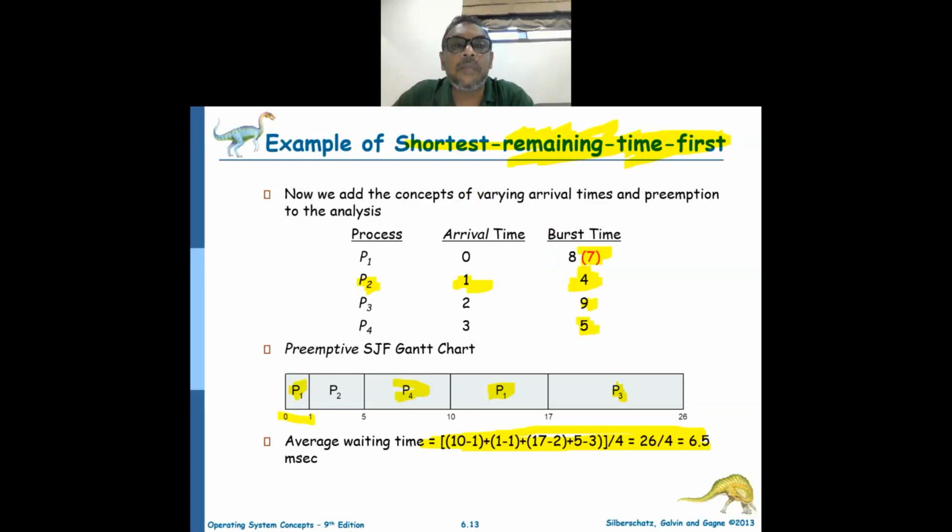Now, this is another concept. Shortest remaining time first. What does that mean? This means if the arrival time itu berbeza, plus we are using the shortest job first method, which is called the shortest remaining time. What does shortest remaining time mean?